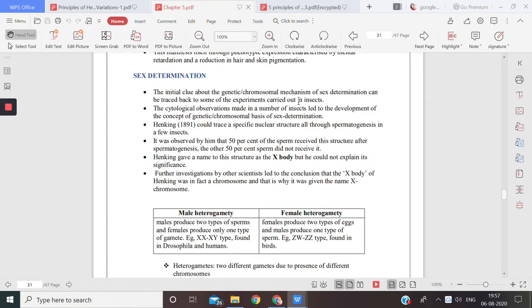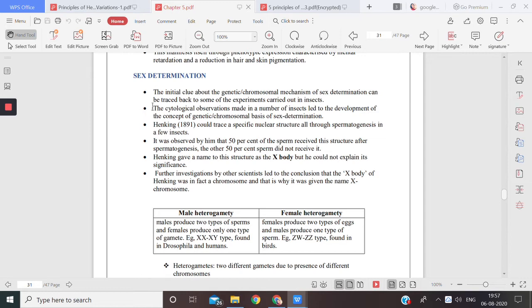Generally, whatever we know today, many experiments were basically carried out on insects or plants. So a clue was provided to us from the experiments carried out in insects.